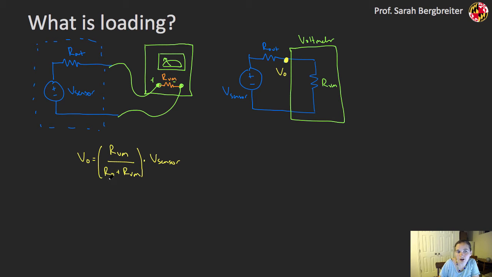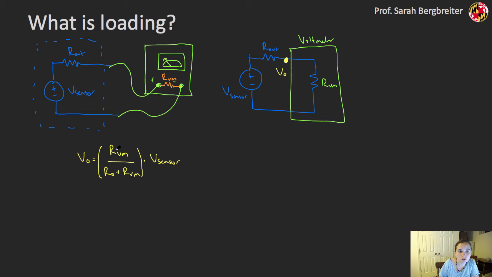Now the challenge comes when the output impedance of my sensor is on the same order of magnitude as the voltmeter input impedance. Or if I need a really precise or really accurate measurement, it can even be a problem if it's just somewhere in the ballpark.